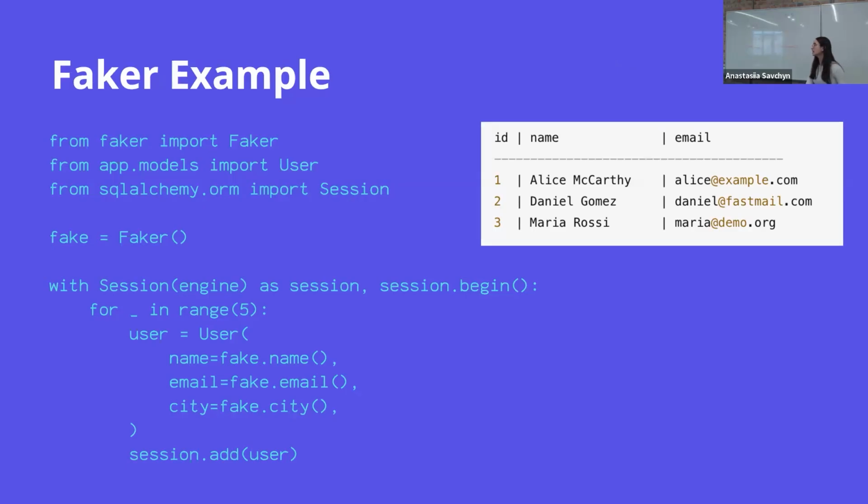This library already has everything included. You can call email and it will generate something that looks like an email with a domain at the end. You can call city and it will pick some random city, I don't know, London, and insert it for you. So it's really easy and fast and a lot easier than doing it by hand. It's a really good option to test things and to run such demonstrations quickly.